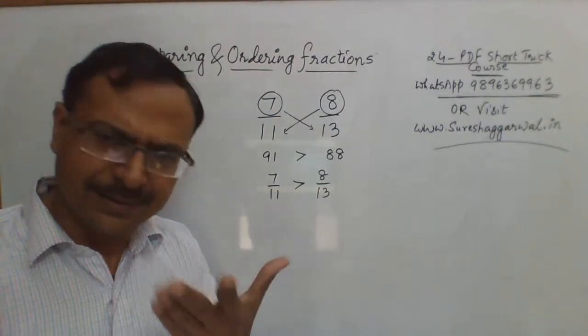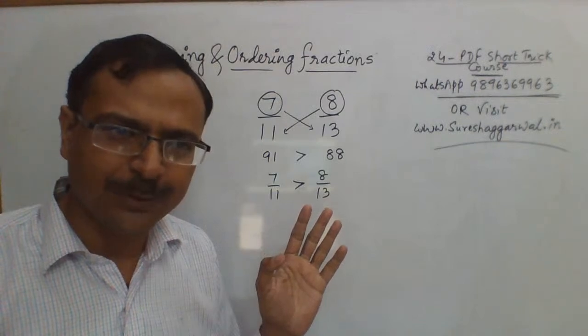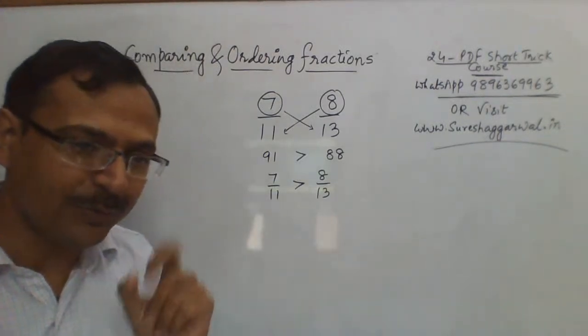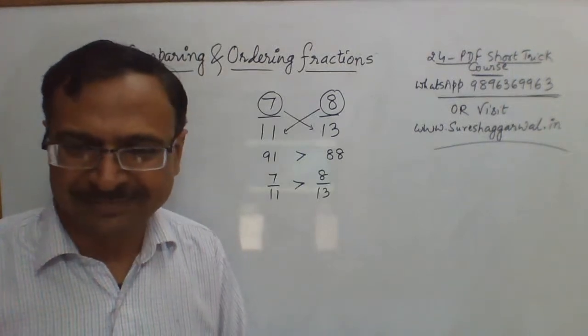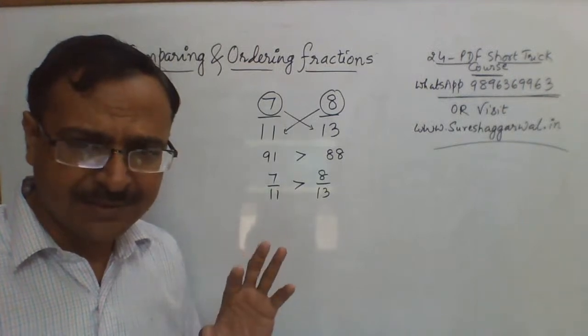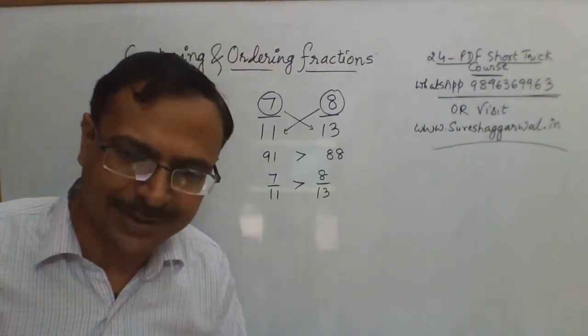A lot of friends told me that, yeah, but questions will not be that simple. We will have more than two fractions, not two fractions only. And this is a concept building session right now. We will have questions for you, don't worry.